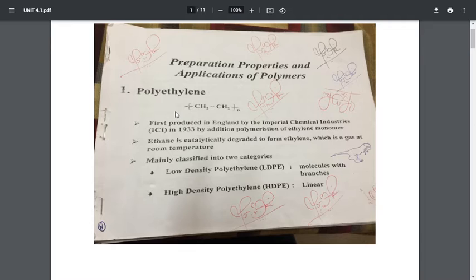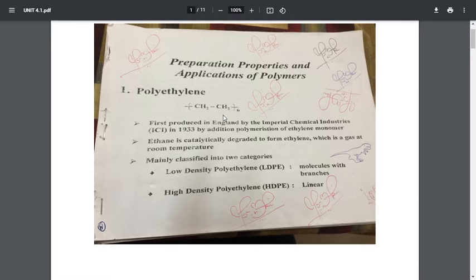Ethane is catalytically degraded to form ethylene, because the ethane molecular formula is C2H6, but the ethylene molecular formula is C2H4. That's why there is a double bond.